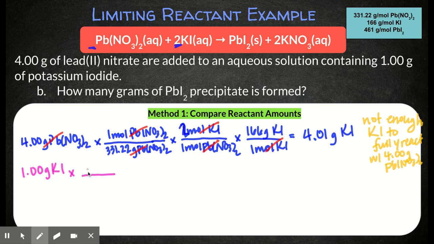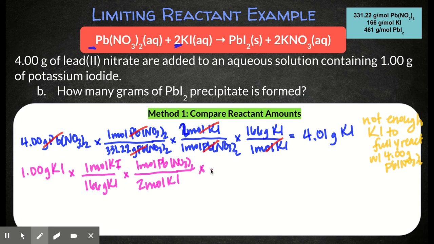I'm going to first convert my grams of potassium iodide into moles of potassium iodide. And then I want to think about, how many moles of PbNO3 do I need to react with this many moles of potassium iodide? And so that's going to be 2 moles of KI on the bottom and 1 mole of PbNO3 on top. Again, that's my mole ratio coming from my balanced chemical equation.